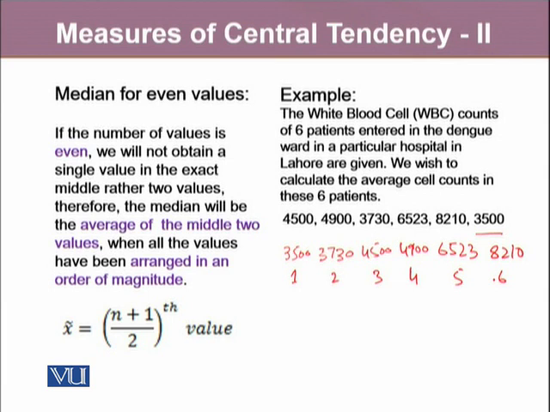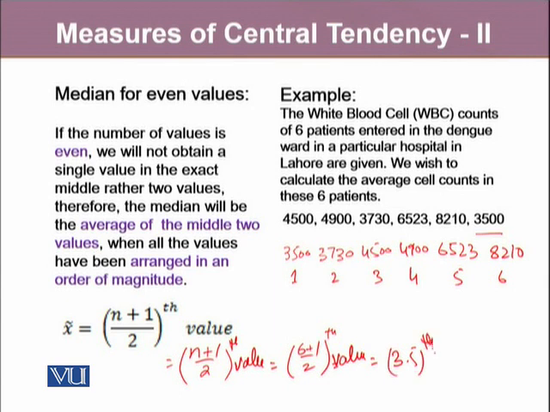And finally, we'll calculate the (n plus 1) by 2th observation, which will be 6 plus 1 by 2, which is equal to the 3.5th value. 3.5 lies right in the middle of these two values. Therefore, to calculate the median, we'll take the average of these two values. It turned out that the median for this data is going to be 4,700.